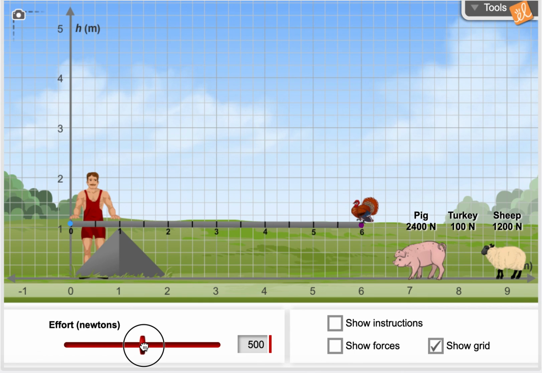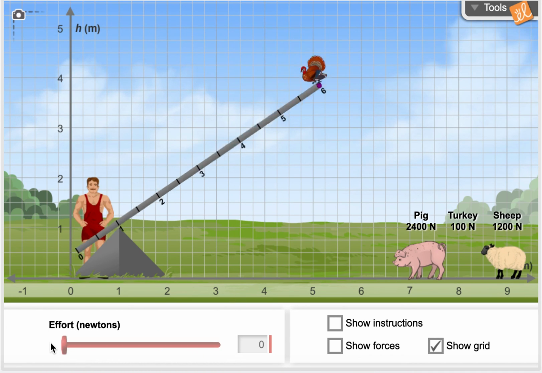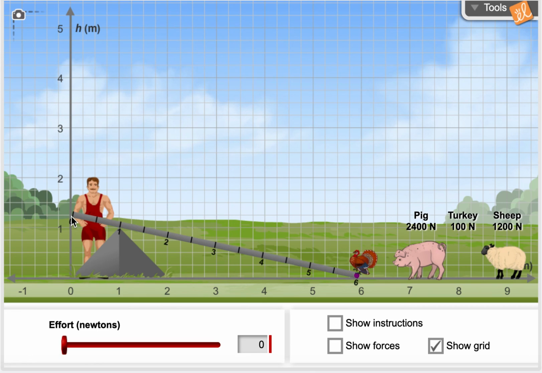So let's exaggerate this a little bit and have him exert 1,000 this time. Okay. So what we're going to notice here is that when he's exerting 1,000, the turkey is all the way up here, which is great. But what we want to pay attention to is when he's not exerting, the bar is right over here at about 1.2 meters, and the turkey is here at 0.